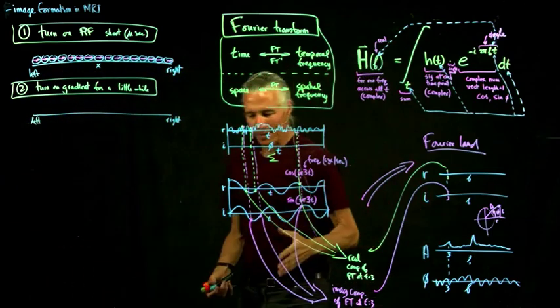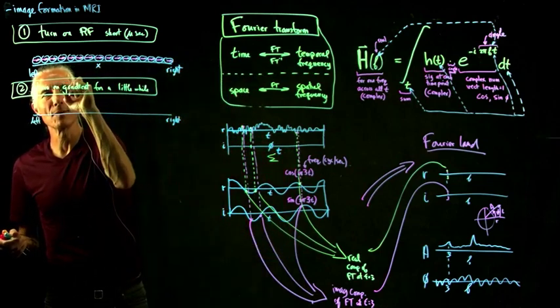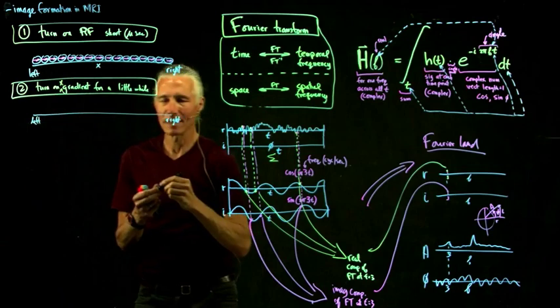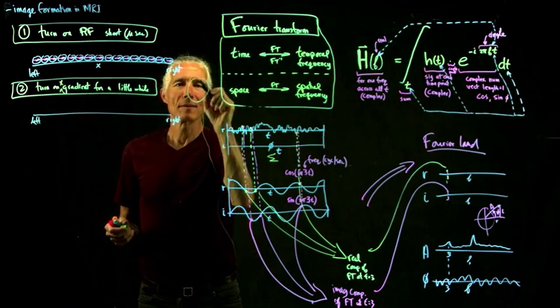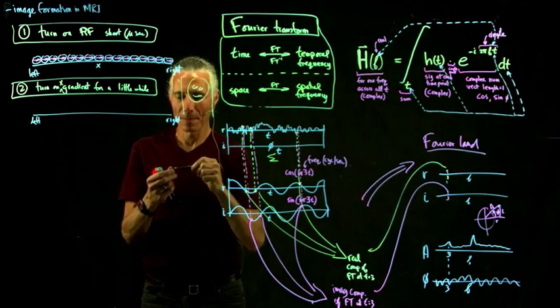So remember, what does the gradient do? Turn on the x gradient. It just changes the z component. So if you look at a person in the magnet like this, here's the magnet. You're looking down on them. What does it do?